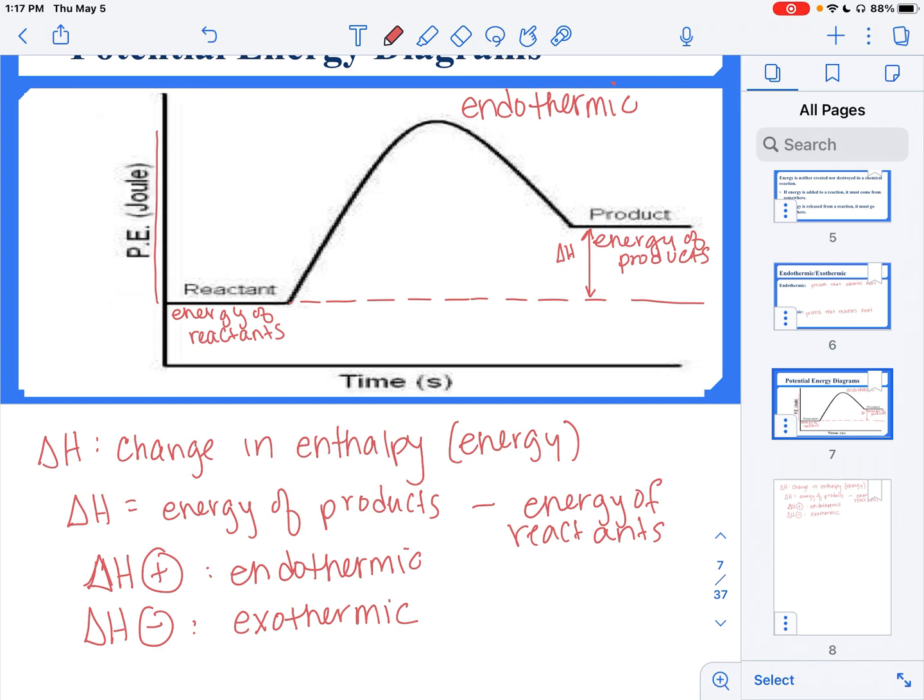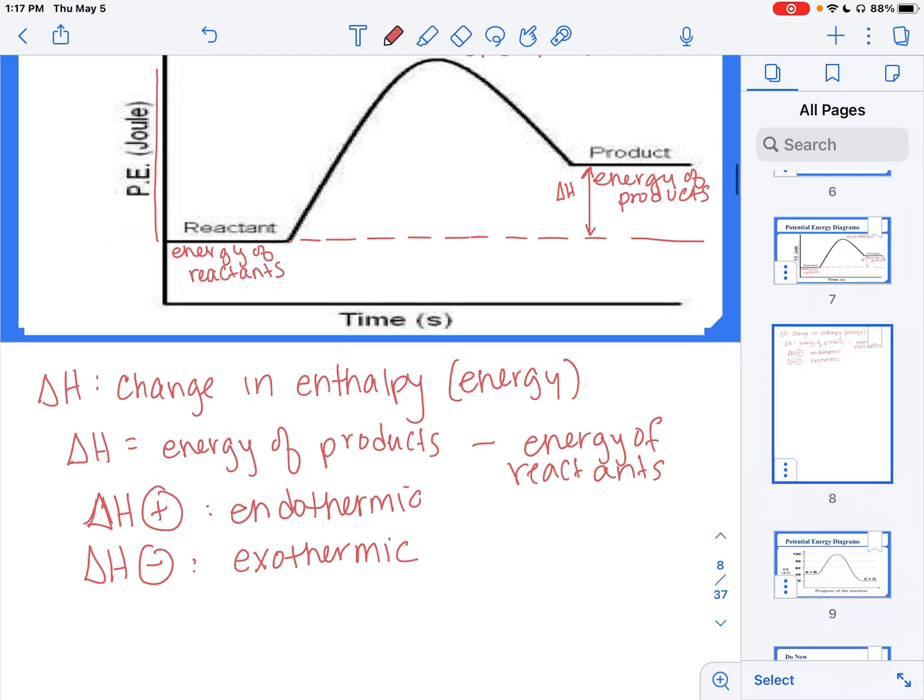So another thing we want to label on here is something called the activation energy. And we represent that as EA, which is the activation energy. And that's the energy required to make the reaction happen.